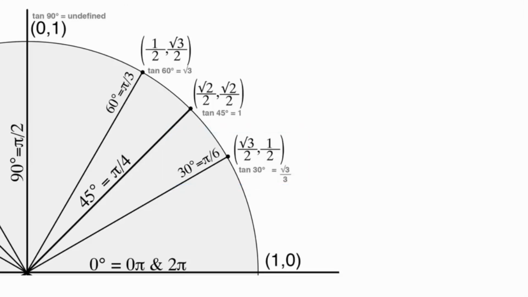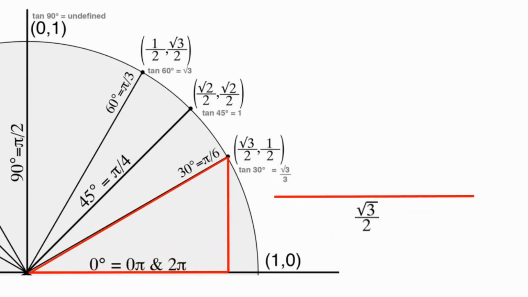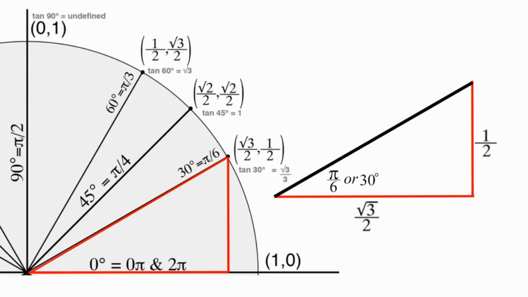The x coordinate is square root 3 over 2, and the y coordinate is 1/2. So think of this as being part of a triangle, with the horizontal leg on the bottom being square root 3 over 2 long on the x-axis and being 1/2 high on the y-axis. And naturally the hypotenuse is 1 unit long.